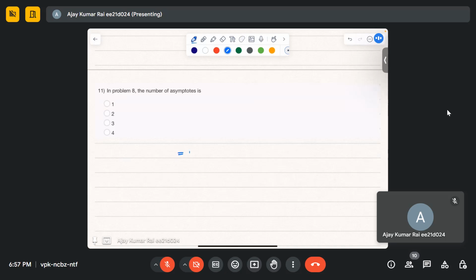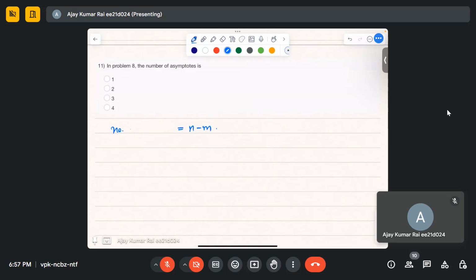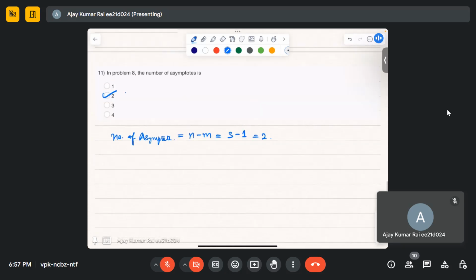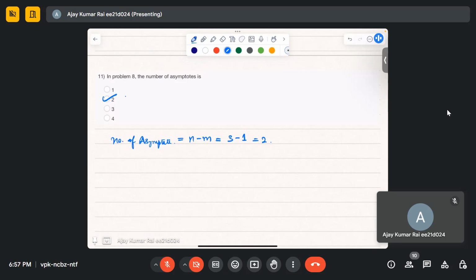That is equal to n minus m, the number of asymptotes. Here n is 3 minus m, which gives 2. Very simple, because two root loci will be going to infinity. That's why we need two asymptotes.